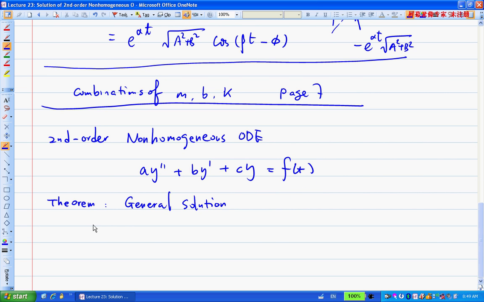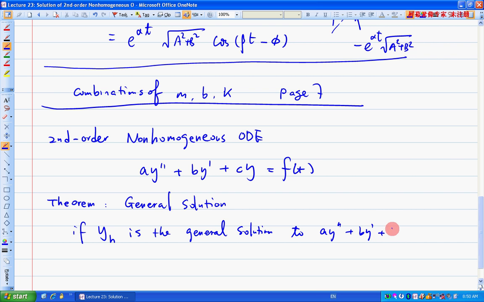Okay, so let's say what the theorem says is basically if y_h, okay, is the general solution to a y double prime plus b y prime plus c y equal to 0.